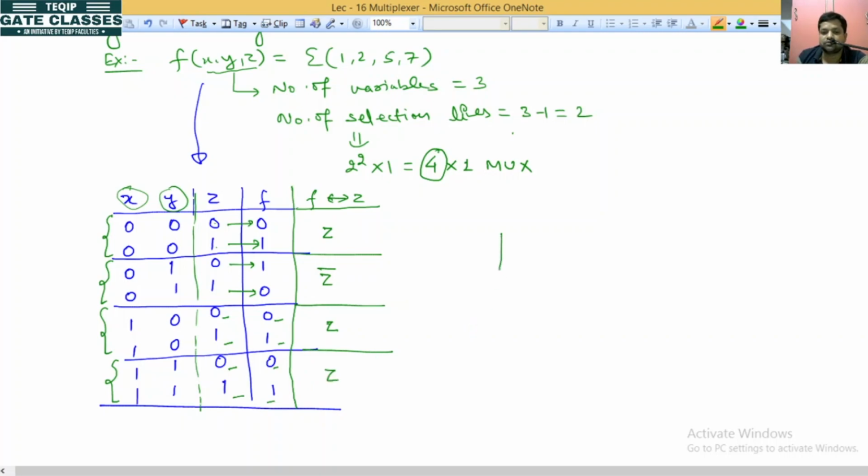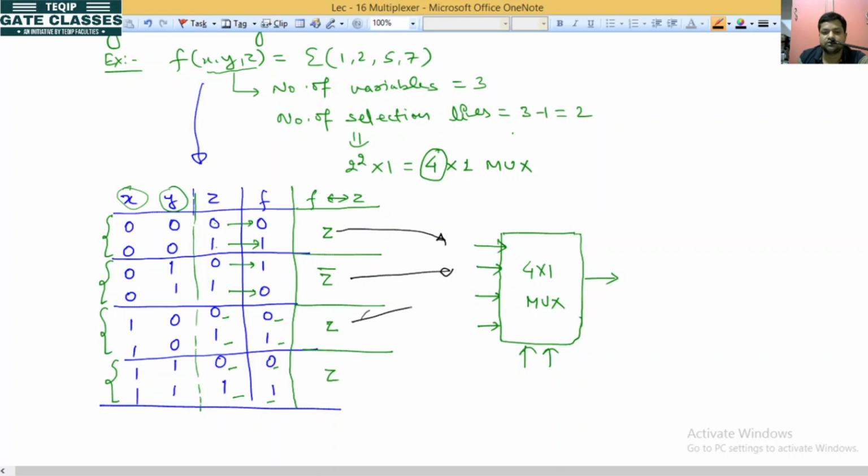Now if you are going to draw a 4 cross 1 mux, we have 4 inputs here, and how many selection lines? 2 selection lines and 1 output. So you have to put all these outputs on the input lines.